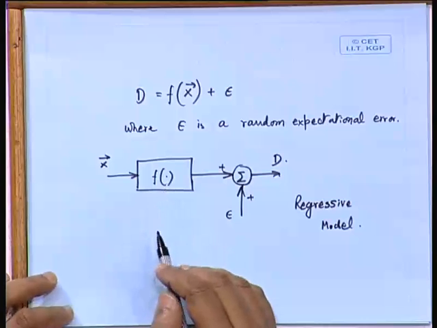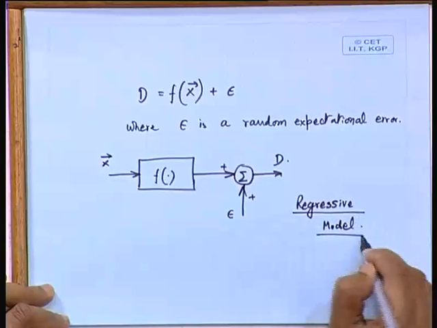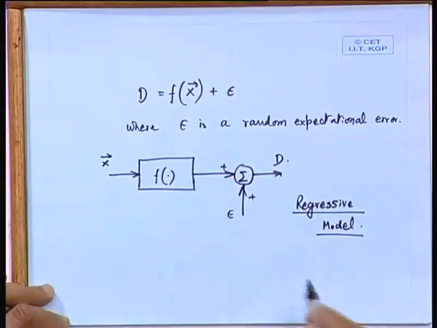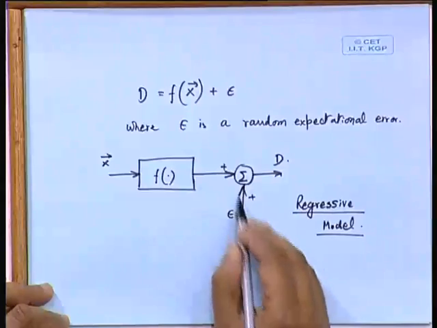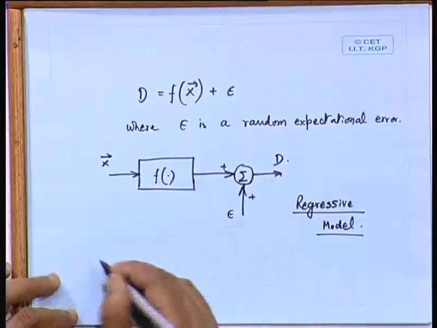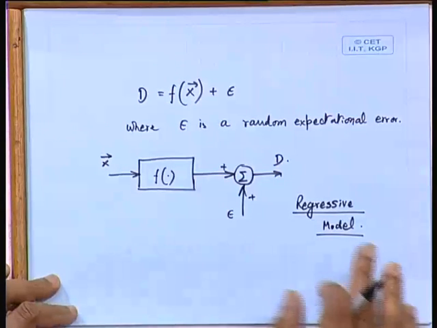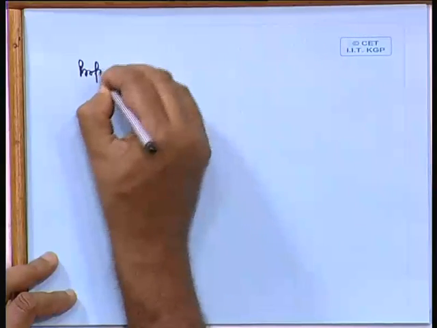So, this is the mathematical model in the form of a regression, with just a random expectational error added to it. Now, this regressive model that we have presented has two useful properties.